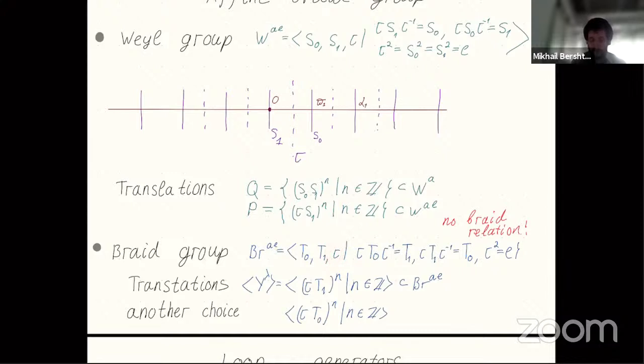After conjugation of tau, 0 becomes 1, and 1 becomes 0, and this tau still has order 2. So I exclude these two relations, that is, the squares of T1 and T0. And in this group we also have a translation subgroup. I defined it already for P. We take just the braid analog of this formula, tau, T1, and power n.